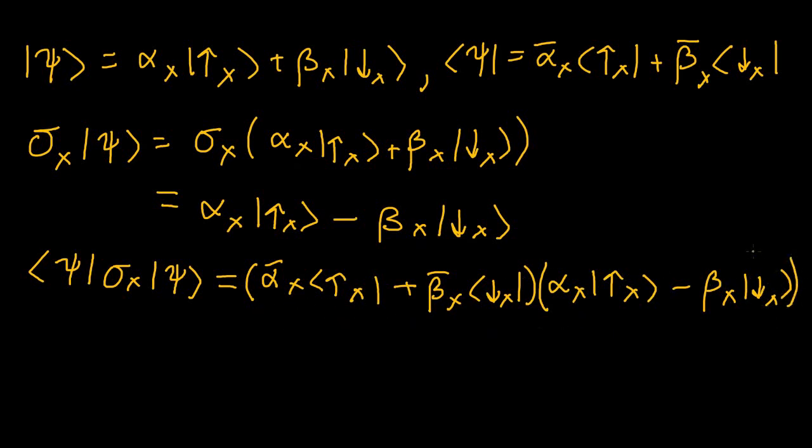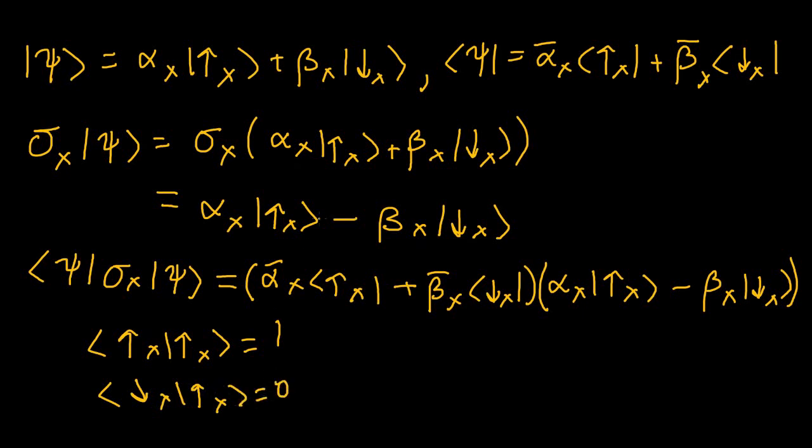There are 4 terms, but we have all sorts of nice relations, like the inner product of the spin up state with itself is 1, and the inner product of the spin down state with the spin up state is 0, and stuff like that.